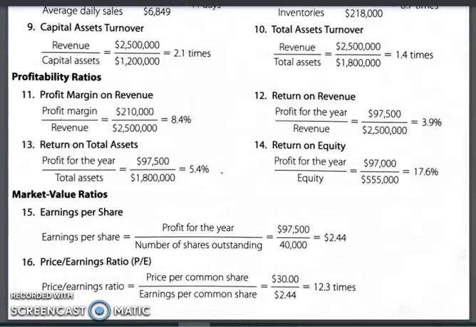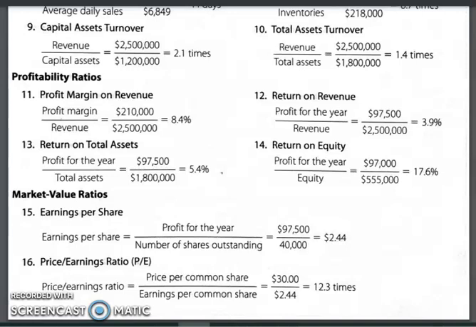And usually it's on the statement of financial position, but it's not on Eastman's. But it is given to you in your textbook. Okay, so usually you can find this number right on your statement of financial position that's generated. So any real statement of financial position, the number of shares outstanding would be on there. So the earnings per share in this case is $2.44.